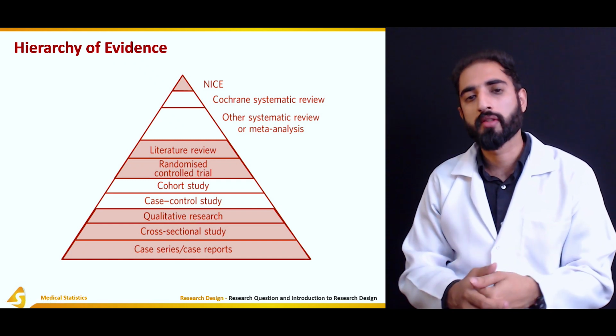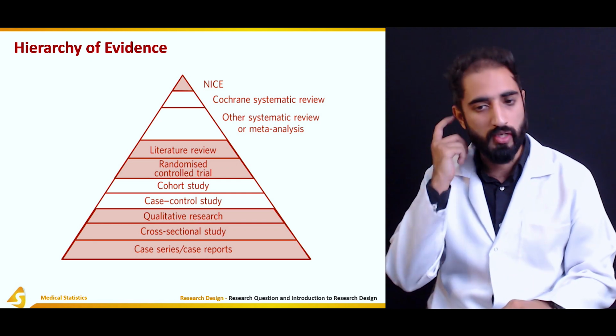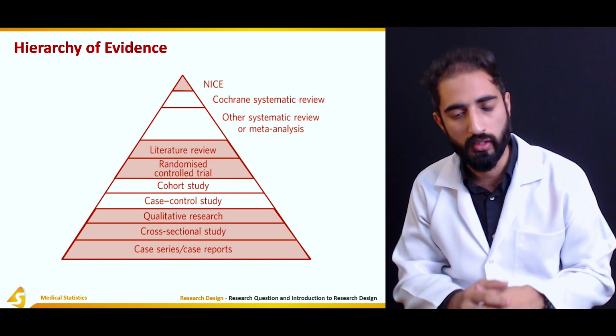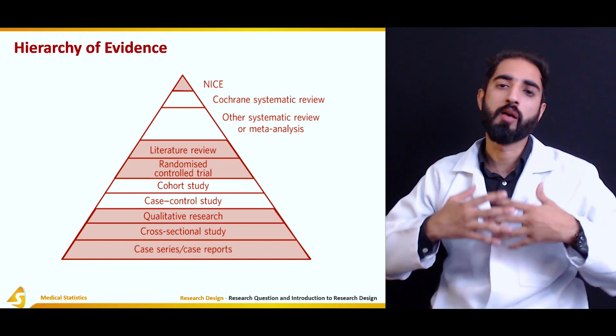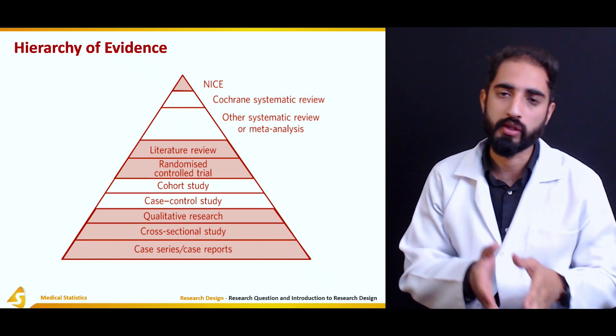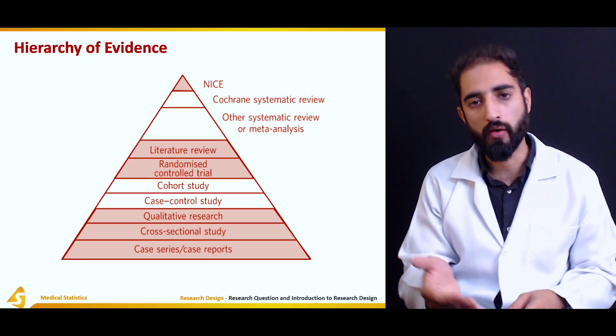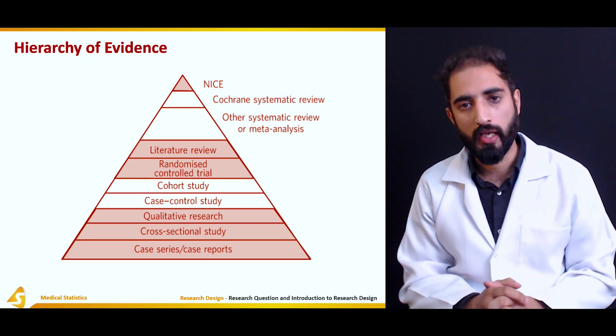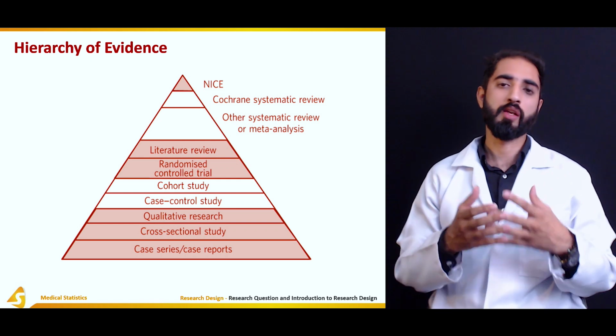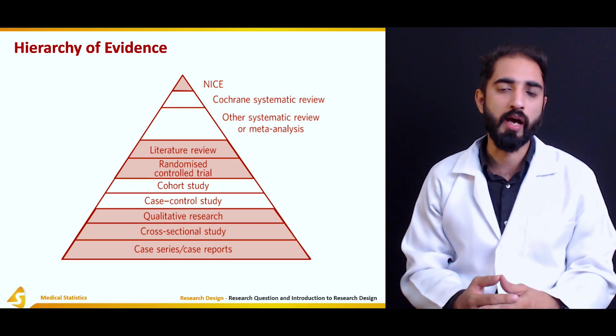Above these descriptive studies come the analytical studies, such as case control studies and cohort studies, and above them come the interventional studies, in which there are quasi-experimental and randomized control trial. Randomized control trial is superior to quasi-experimental, because in randomized control trial there's randomization and less chance of bias.